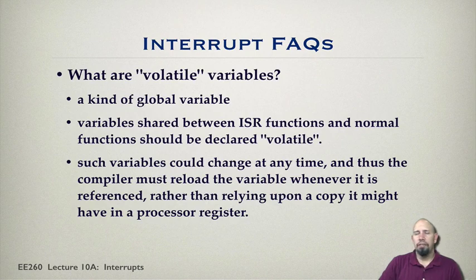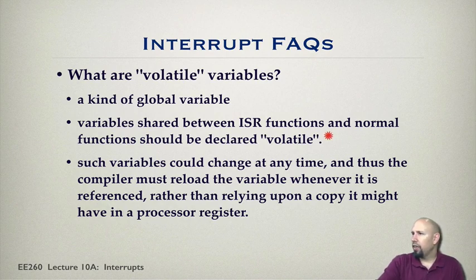What are volatile variables? Volatile variables are a kind of global variable. Variables shared between an interrupt service routine and a normal function should be declared volatile. Interrupt service routines are a little bit different in the way they store variables, so it's helpful to declare these as volatile.